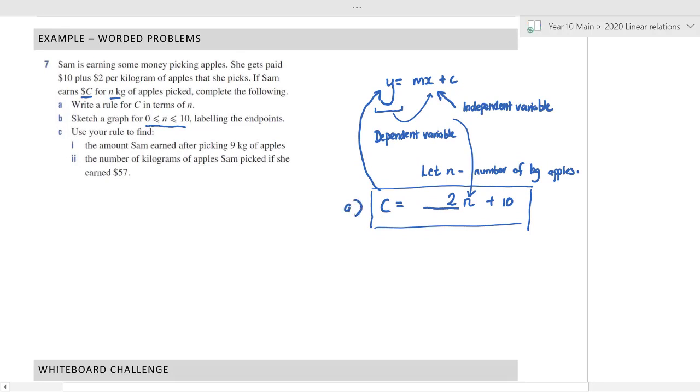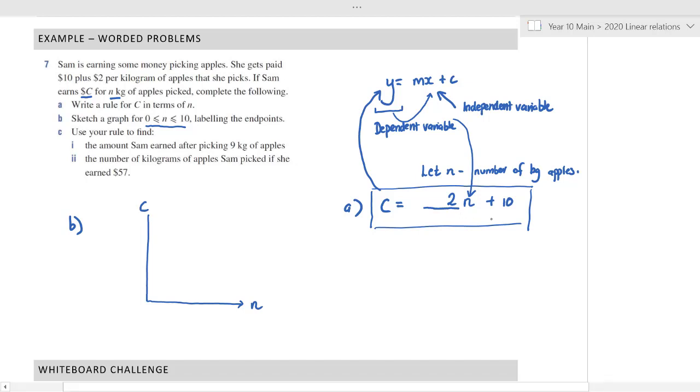Now it says to sketch. If I was to sketch this, it's exactly the same, but this time we don't need to sketch a whole graph because you can't pick less than 0. We're going to label it N, and C is going to depend on it. Clearly, she's going to get paid even if she picked none.